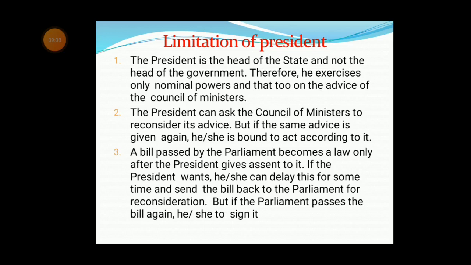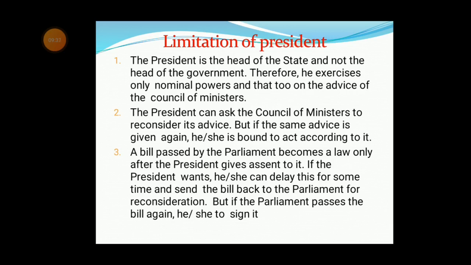Very meager powers will be in the hands of the president, and two, on the advice of the council. So even when exercising his nominal power, he should consult the council of ministers. He should get the advice of the council of ministers, and only then will he implement any kind of power.